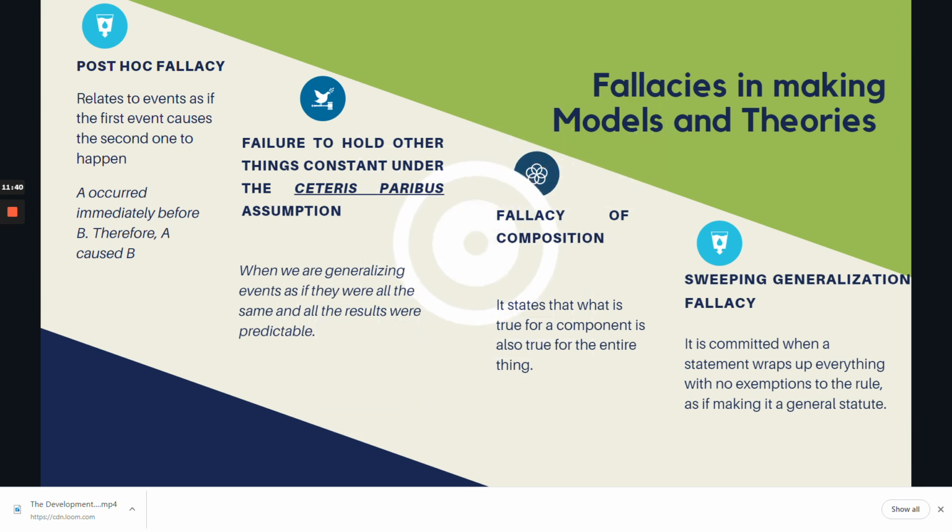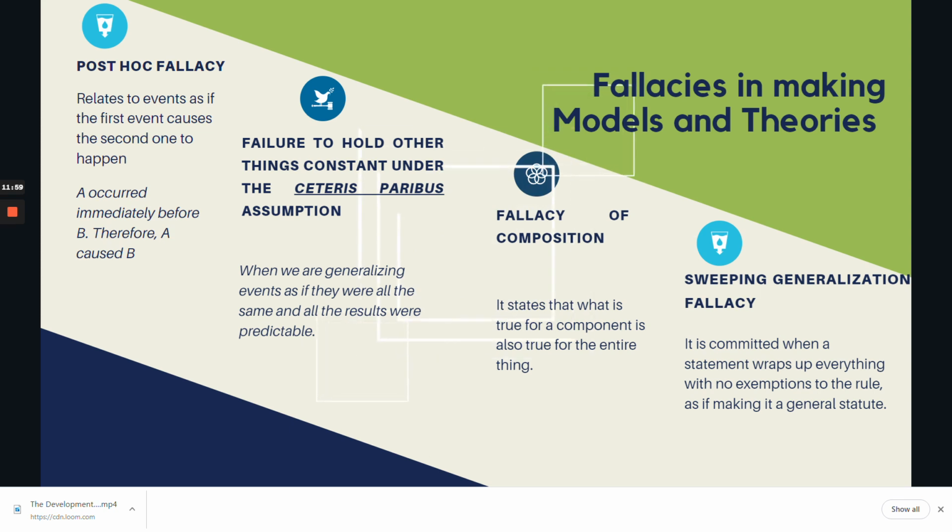The fourth fallacy is the sweeping generalization fallacy. It is committed when a statement wraps up everything with no exceptions to the rule, as if making it a general statute. It is related to the fallacy of composition.